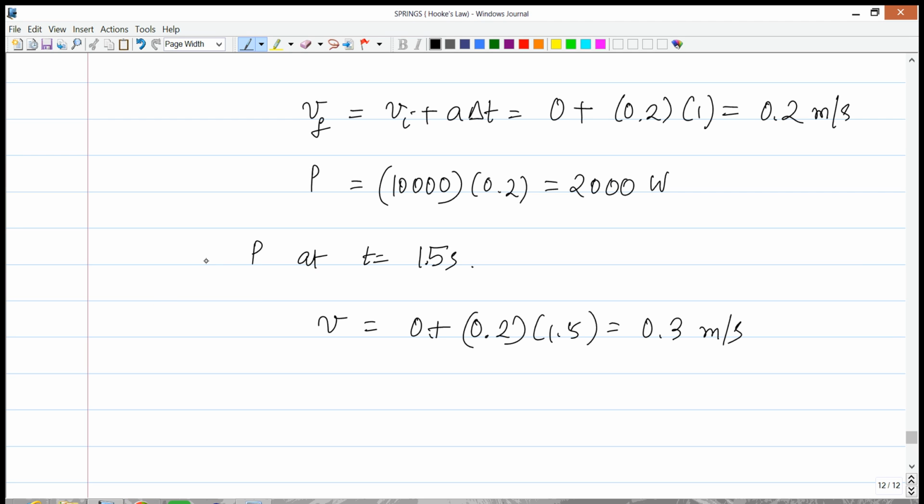And now the instantaneous power at 1.5 seconds is equal to 10,000 multiplied by 0.3, which is equal to 3,000 watts. So the instantaneous power changes when there is an acceleration. The average can be found by two means, and to find the instantaneous, just find the instantaneous velocity multiplied by the force, and then everything is good. Alright.